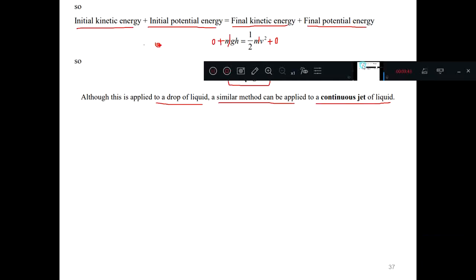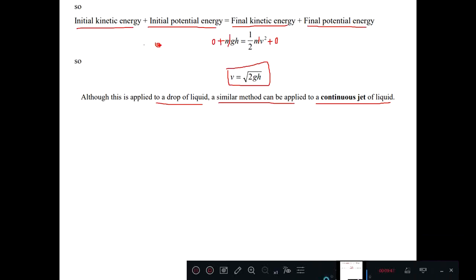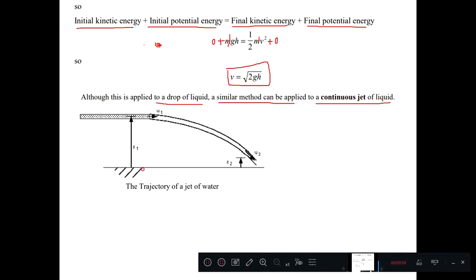So let us look at this one, a continuous jet. Here the jet is coming out of the pipe.